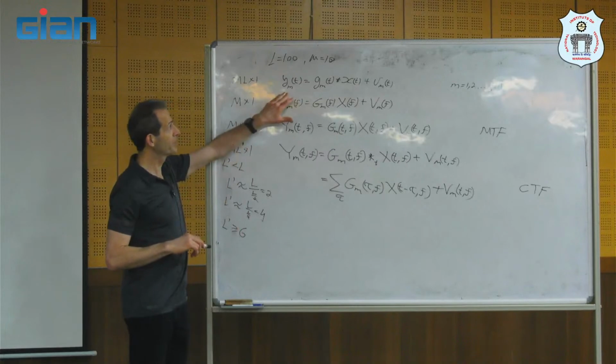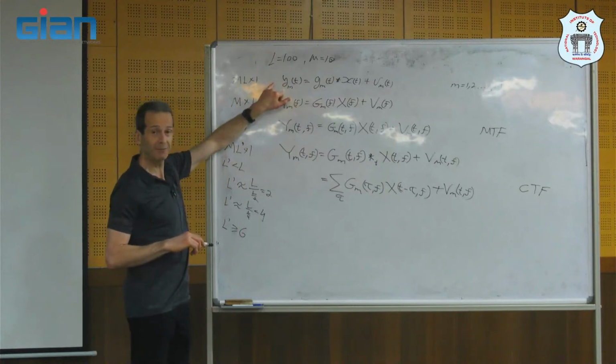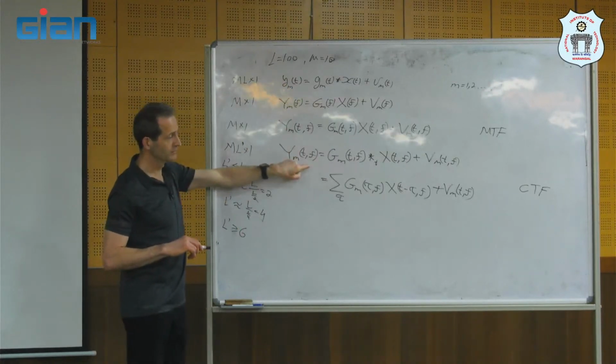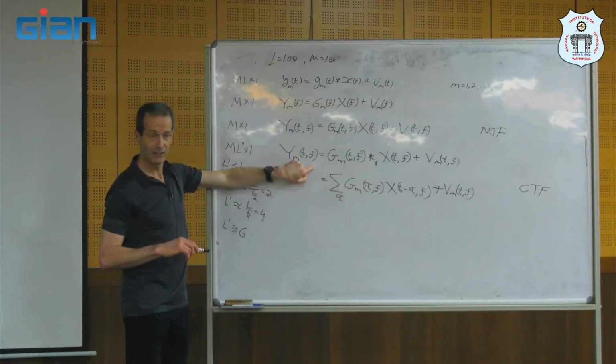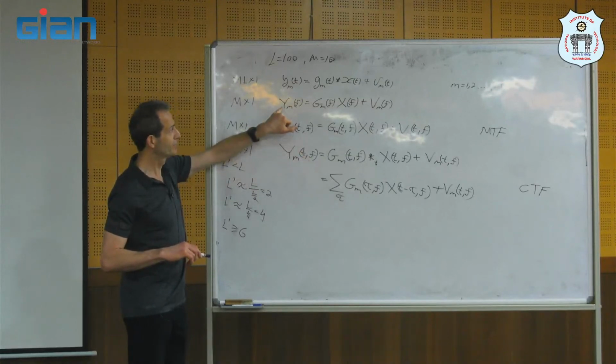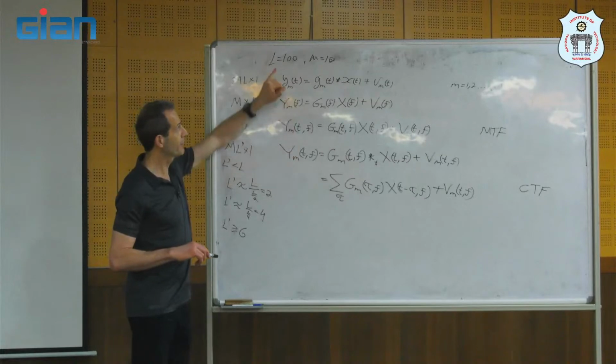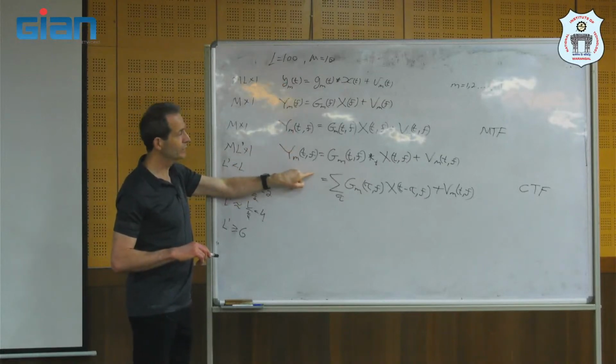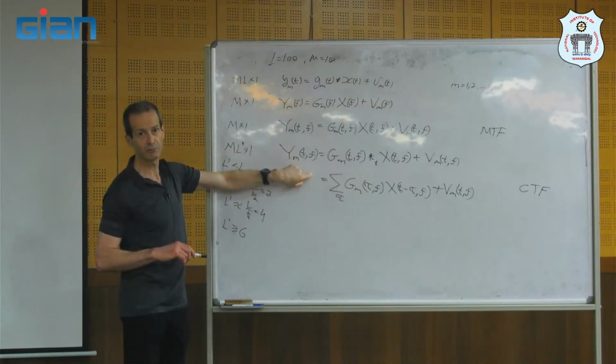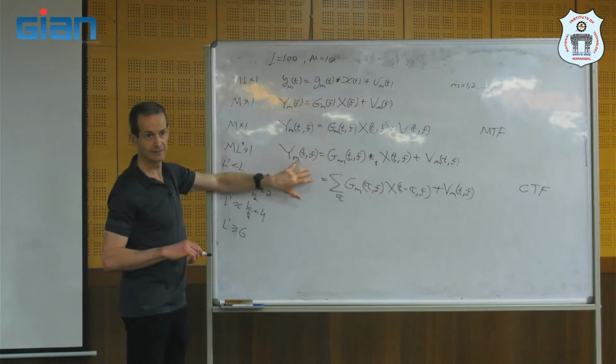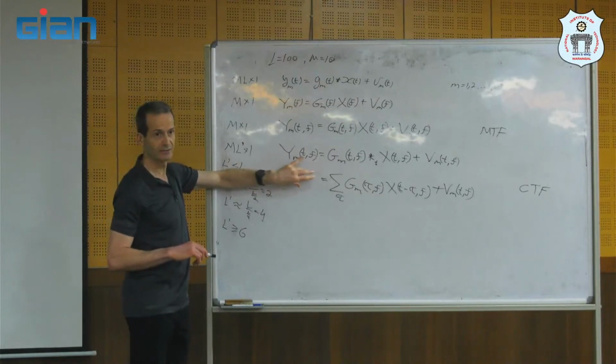Okay? So the methods that we worked in the time domain, we can use in the STFT domain. We combine the methods of the frequency domain and the methods in the time domain when we work with the CTF approximation. This is the convolutive transfer function model.